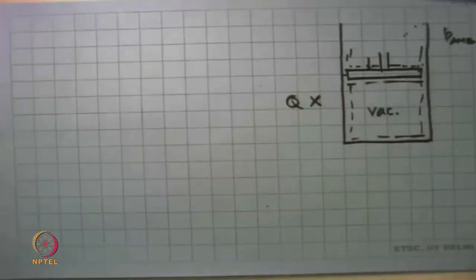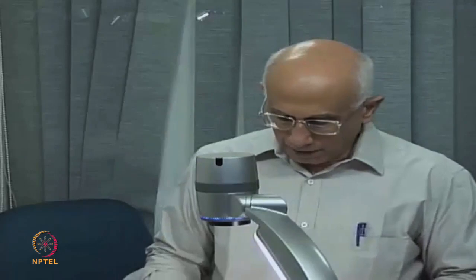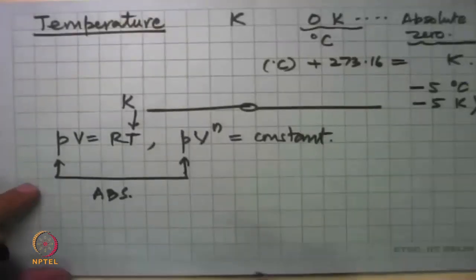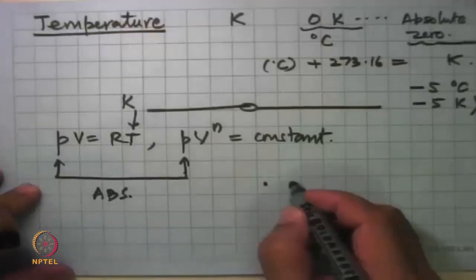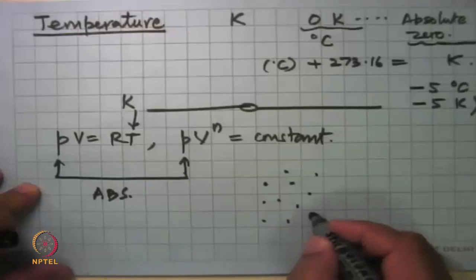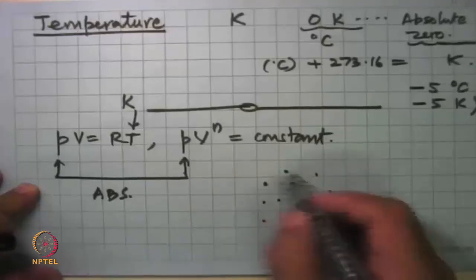Using microscopic thermodynamics, how do we define temperature? Okay. So we go back to the idea of defining temperature, and at the microscopic level, what is happening is this. In a solid, we have all these atoms or molecules arranged in a certain way.